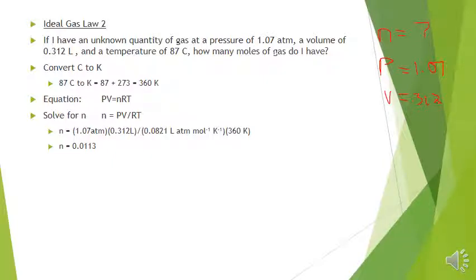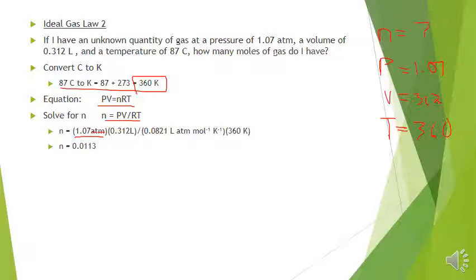And temperature is 87. It's in the wrong units, but it's easy to fix. Add 273, so it's 360. So temperature is now 360, and now I can plug it in. I want to solve for n, so I divide both sides by RT, and then plug everything in.